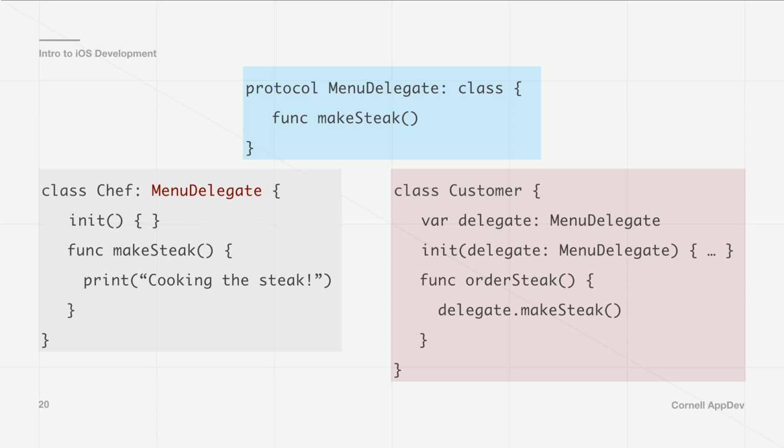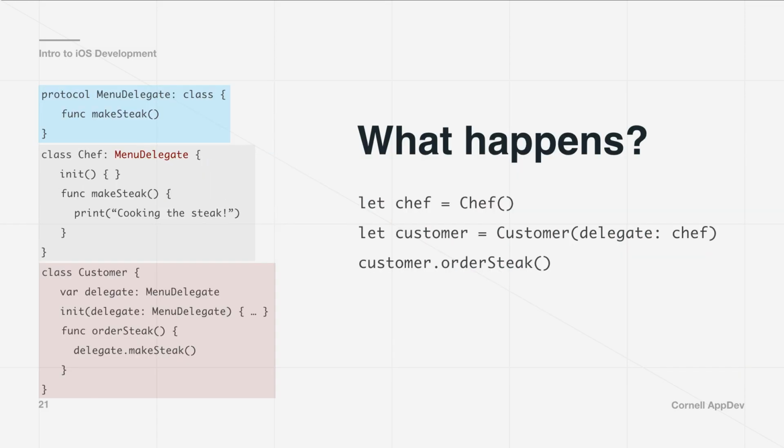So now that we have this information, what's going to happen if we create a chef object, we create a customer object, and set its delegate to be the chef, and we have the customer order the steak? Does anyone have any idea what would happen? Is the print statement going to be triggered?